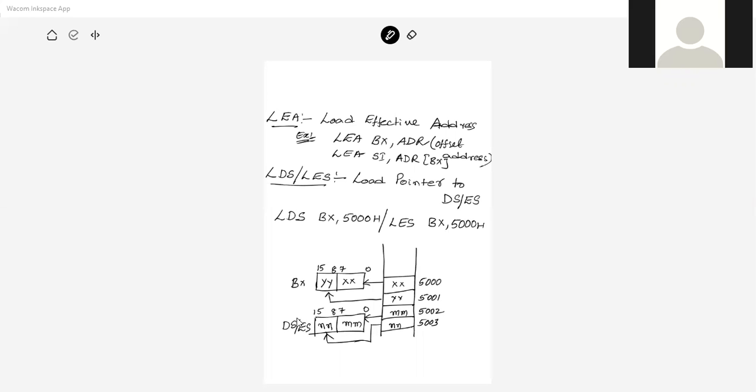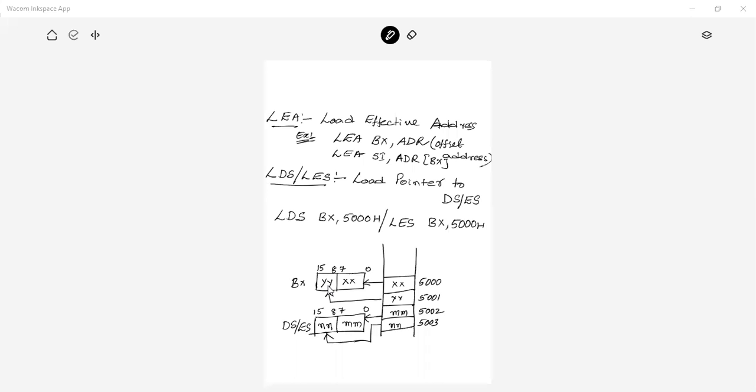For example, segment register. If I am copying the segment base address into the data segment, then at the same time I can copy the offset address into the BX also with the help of LDS, load data segment, or load extra segment instruction. LDS or LES BX comma 5000 means the first 2 bytes will be copied into the BX.